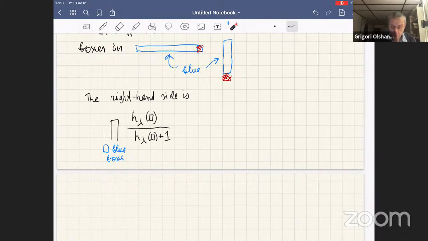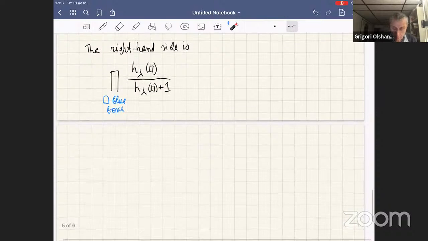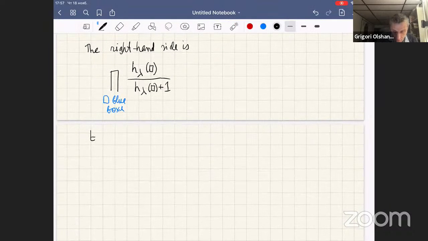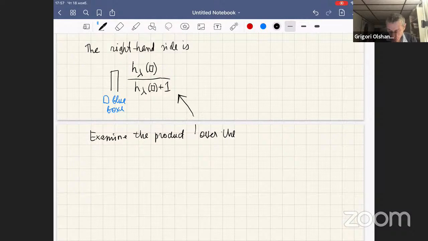So let's examine first the boxes on this horizontal strip. So examine the product over the blue boxes, the blue boxes in the ith row.